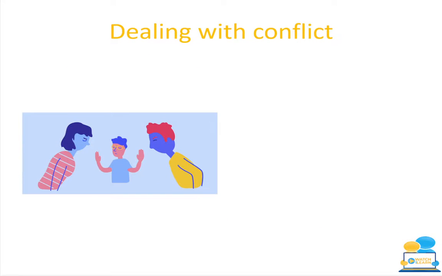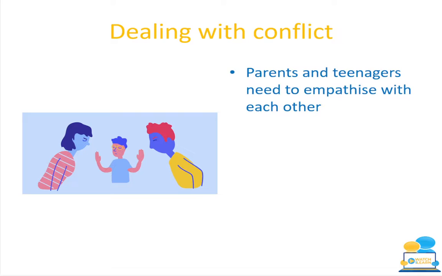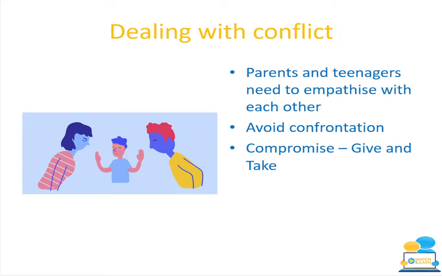So dealing with conflict is something that does come up in exam questions. It's not only relevant for your exam, but it is relevant for you as an individual. So parents and teenagers need to empathize with each other. Sometimes it can be really hard because the parent is older, they know it all, and the child doesn't. So you're trying to avoid confrontation: compromise, give and take.